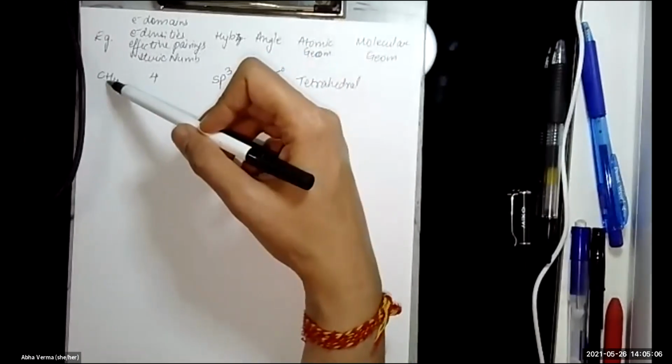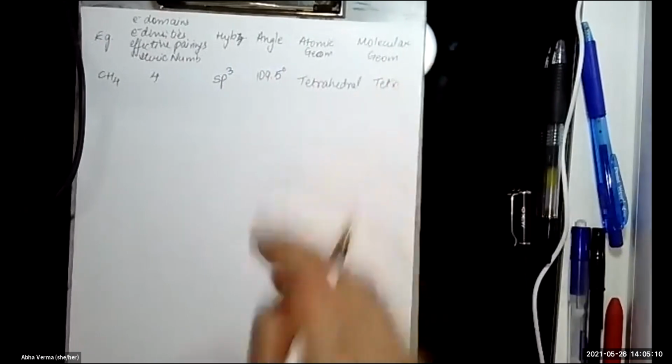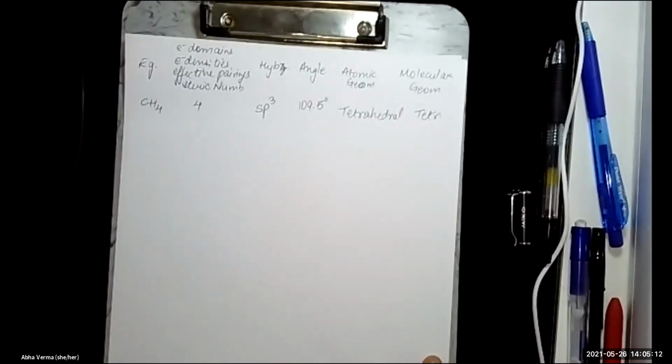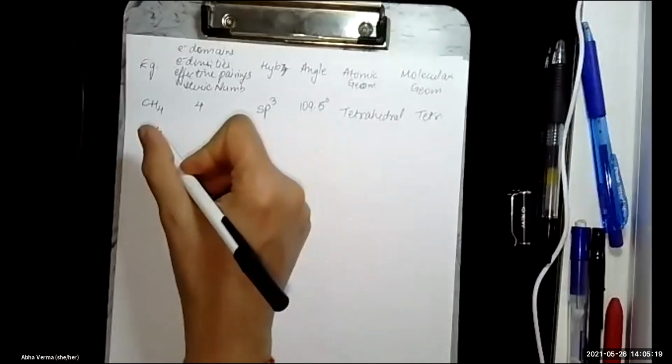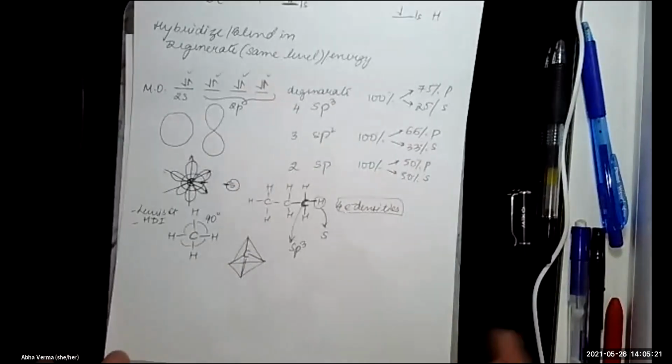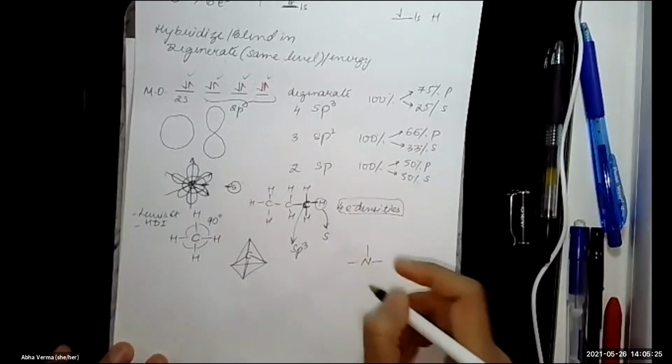Because there is no lone pair present, the molecular geometry will also be tetrahedral. Now, why did I say lone pair? Let's look at ammonia. So ammonia, if I draw my Lewis structure, what do I see?